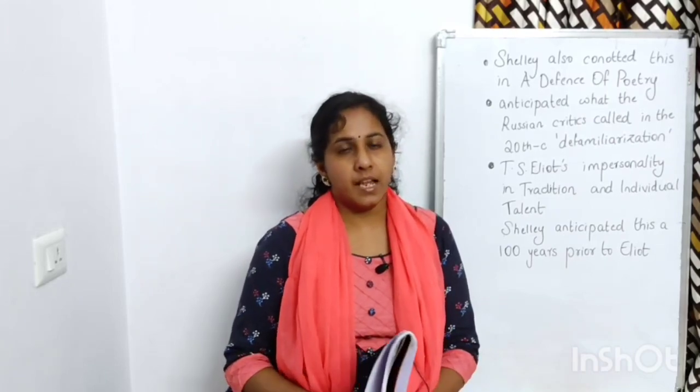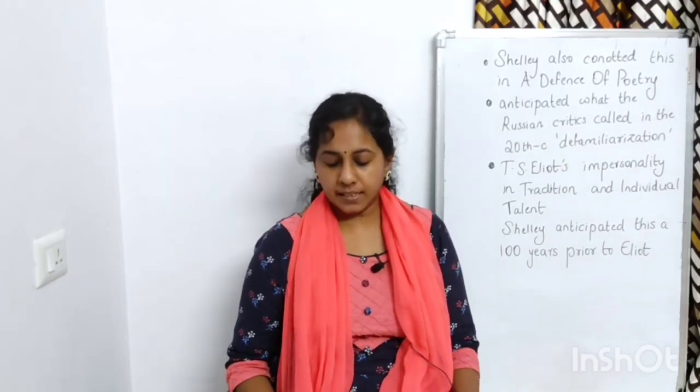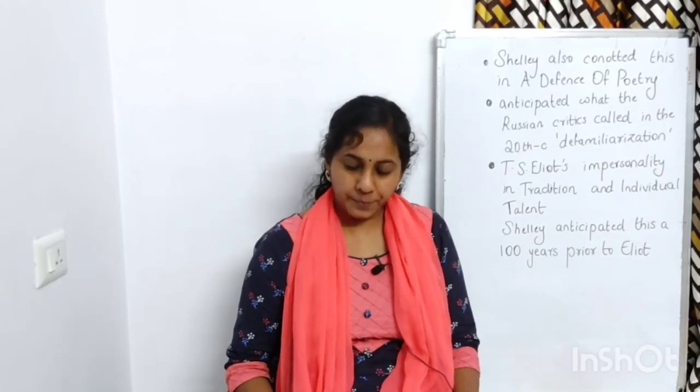We saw earlier, we came across Philip Sidney. Philip Sidney was an Elizabethan, and he had written An Apology for Poetry, otherwise known as A Defense of Poesy. But Shelley had written A Defense of Poetry. Don't get confused between these two works. Sidney is an Elizabethan, okay?